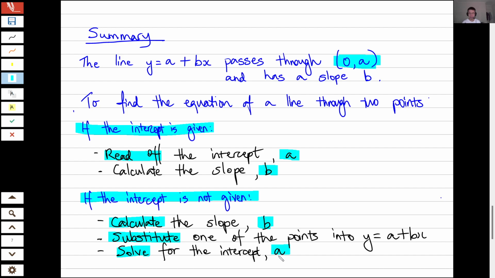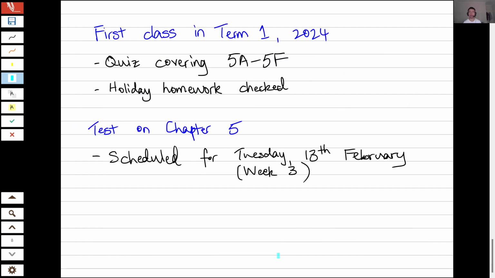All right, some announcements, and then I'll let you go. So our first class in term 1 this year is scheduled for a Friday, unless the timetable changes. So when you come back, I will be checking your holiday homework, and I expect that if you are having trouble with the holiday homework, that you'll get in touch with me before then.